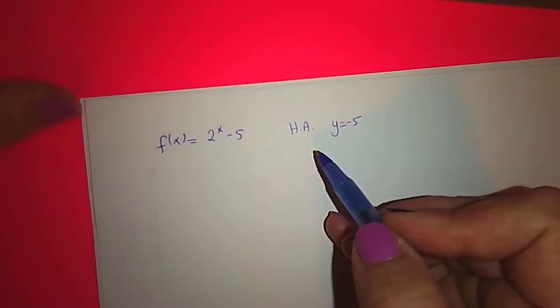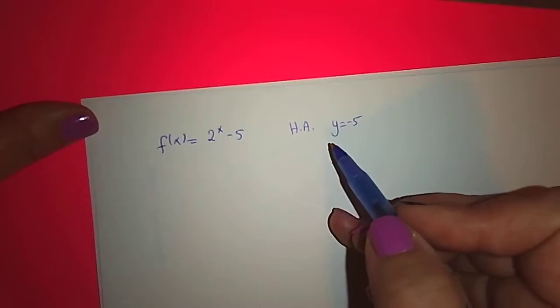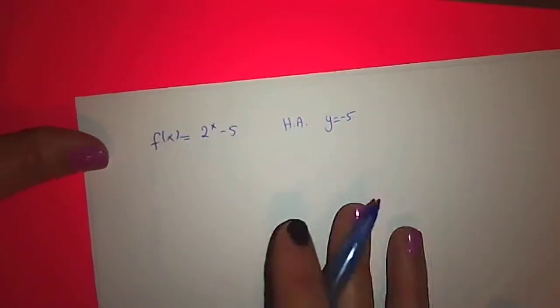So the real reason is that evaluating the limit shows that the limit of f of x as x approaches positive infinity or negative infinity or both gives you this value, -5. So let's check it.